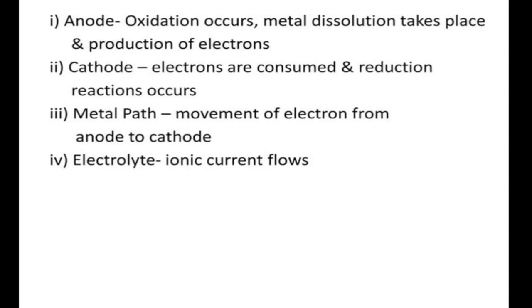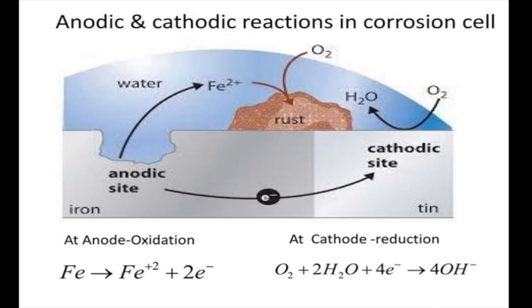Metal path means the movement of electrons from anode to cathode. And fourthly, the electrolyte, where the ionic current flow actually occurs in this type of corrosion.